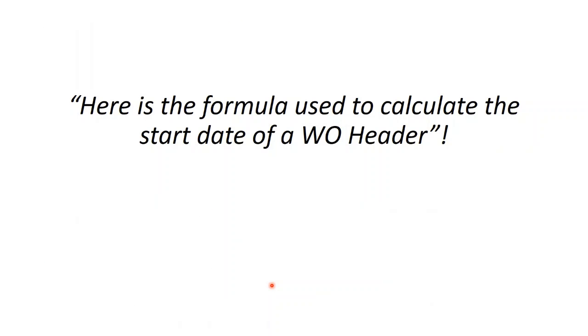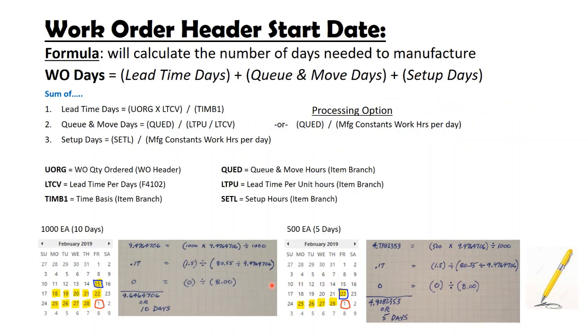So here's the formula used to calculate the start date on a work order header. The formula is pretty simple. The formula will calculate the number of days needed to manufacture and then back schedule those days using resource units for the work center. I call that a work center calendar, not a shop calendar.